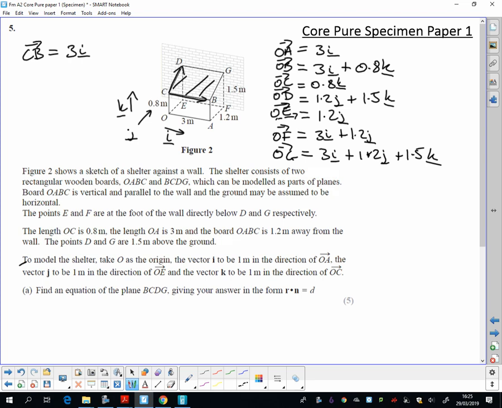And then I could use C to D, because that's in a different direction. So OD take away OC. And if you do that, I'll get those two. So now I've got two different vectors that are on my plane, and I want a normal to both of them.